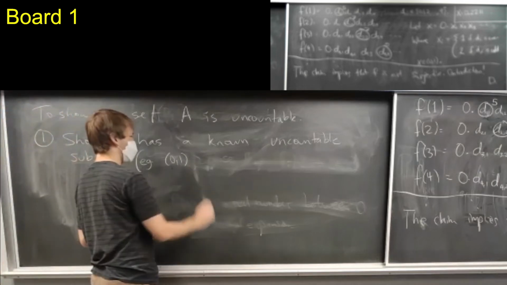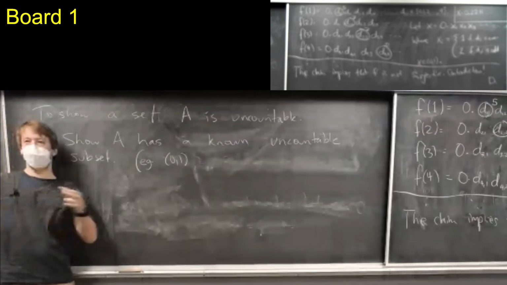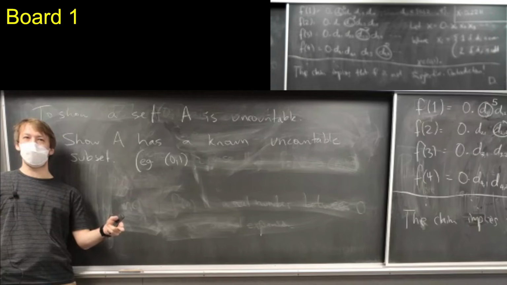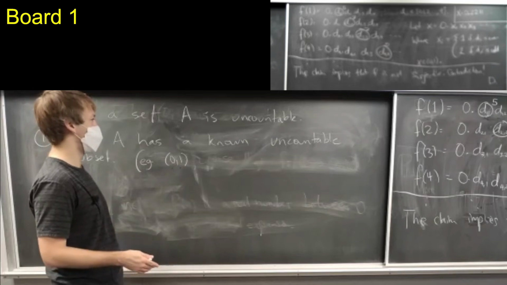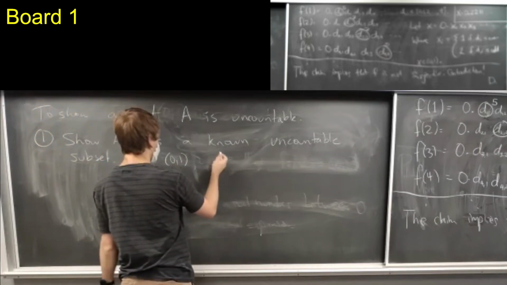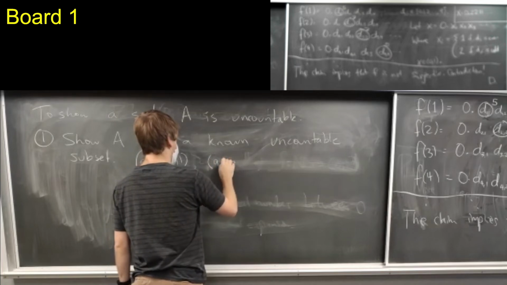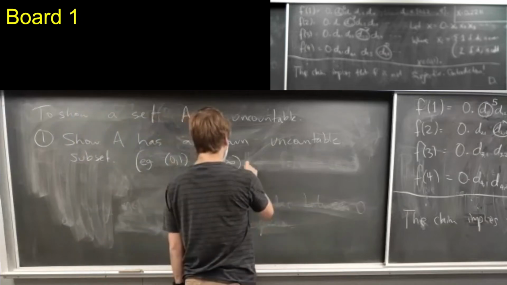But also, I think in your assignment you showed that if you take an infinitely long open interval from, what is it, negative infinity to A or something, then it has the same cardinality as the interval 0, 1. So any infinite open interval is also uncountable.